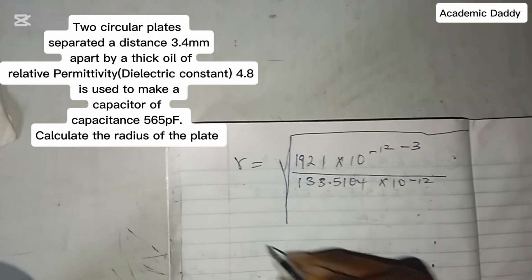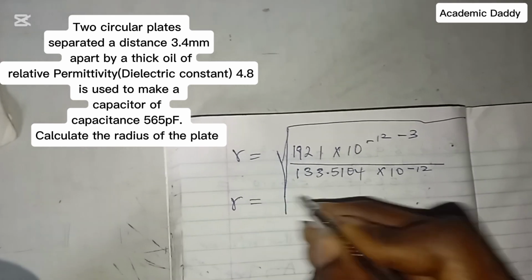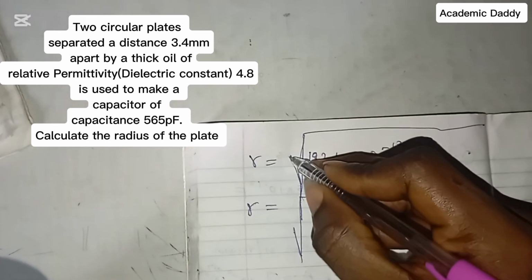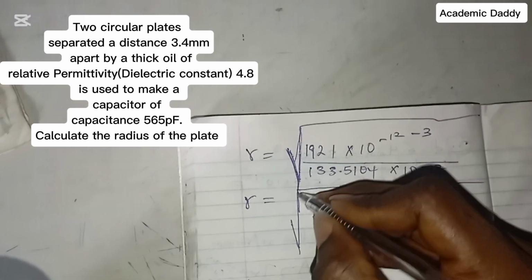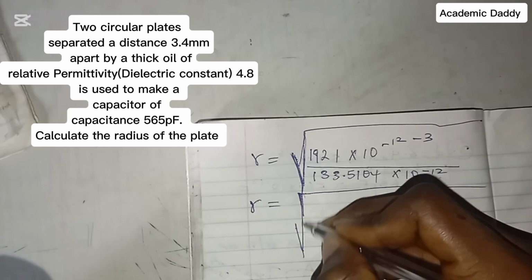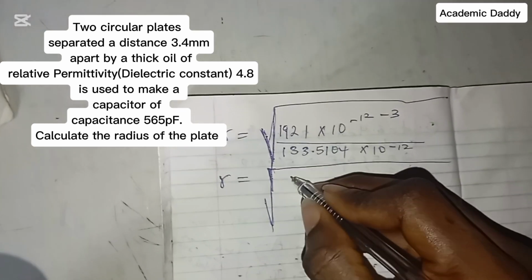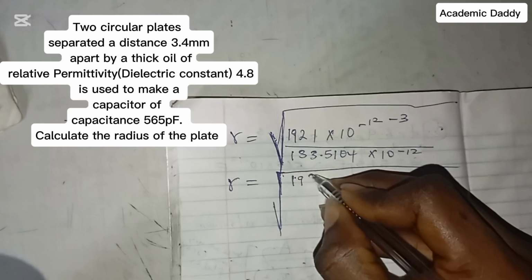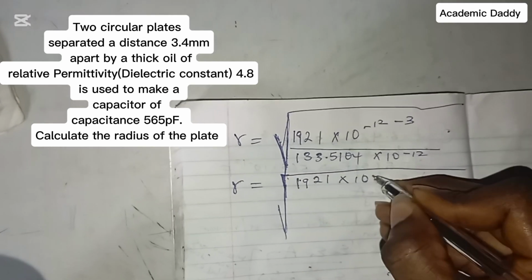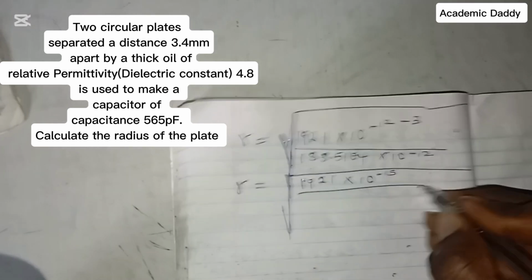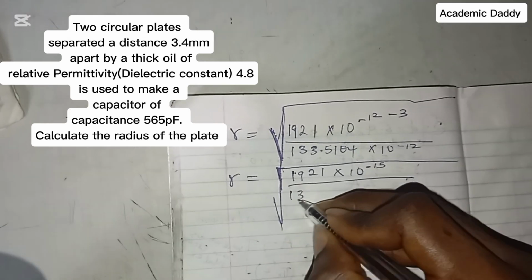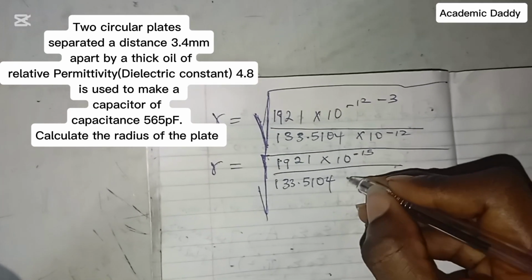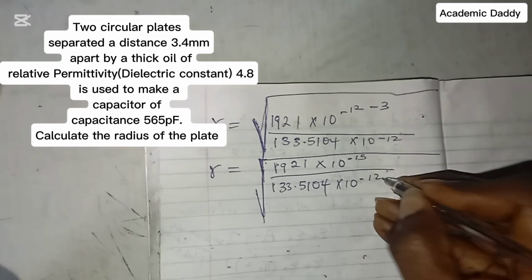So that if you go on, solving further, R will be equal to 1921 times 10 raised to the power minus 15 all over 133.5104 times 10 raised to the power minus 12.